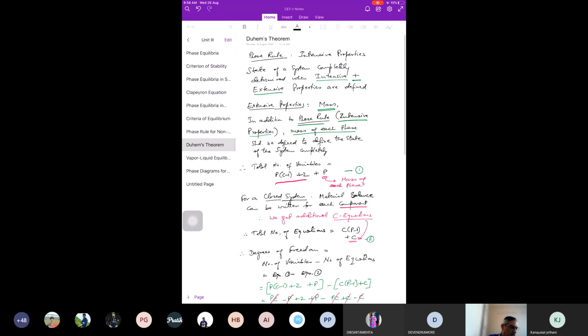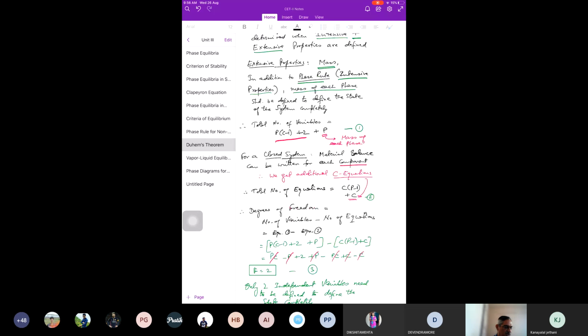Okay. So for a closed system, material balance can be written for each component, right? We saw that. So we get additional C equations. Material balance for each component we can write, right?